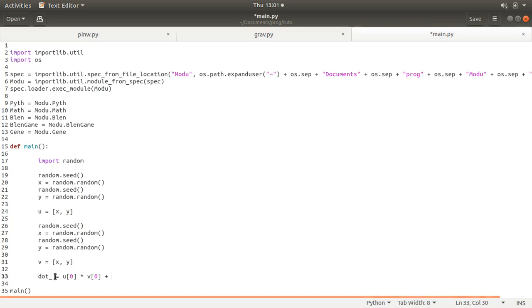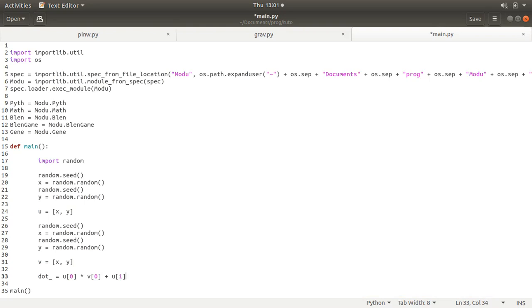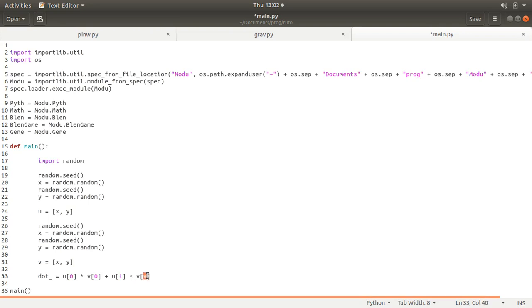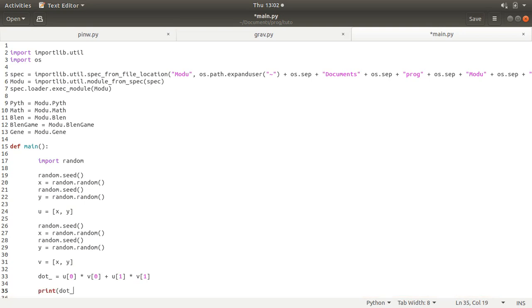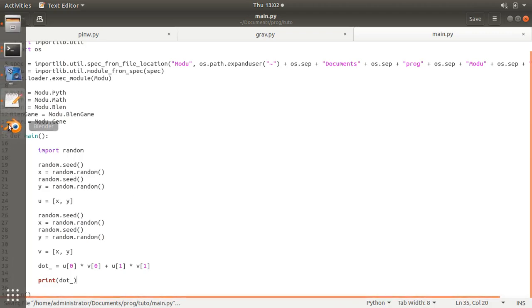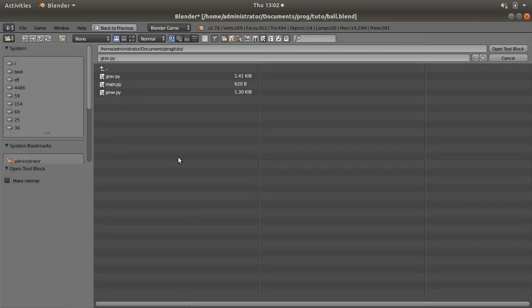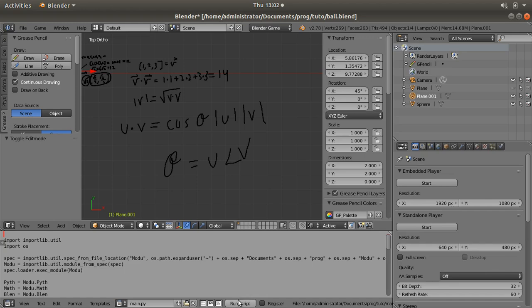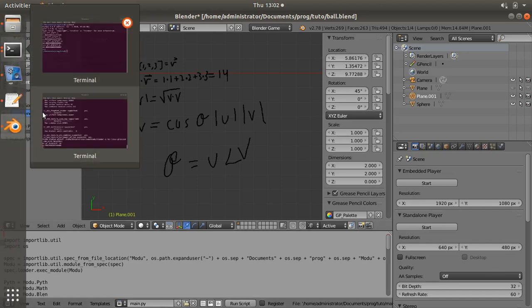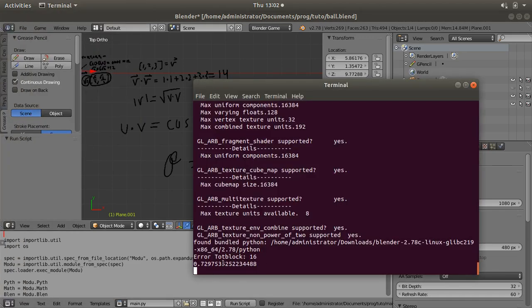It's just a normal decimal variable. u1 times v1. So there's the dot product, if I did that right.